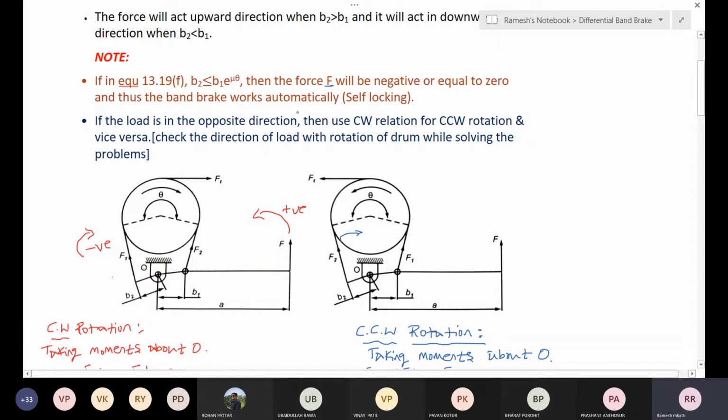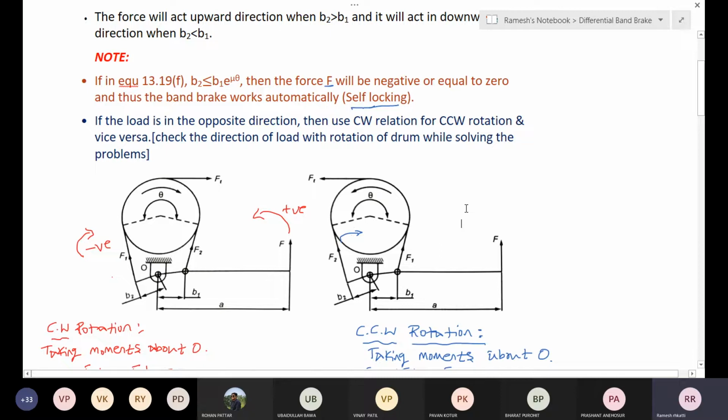As a result of that, automatically self-locking takes place, means without the application of the force, there will be self-locking. In layman's language, without applying the brake, the entire system is locking.